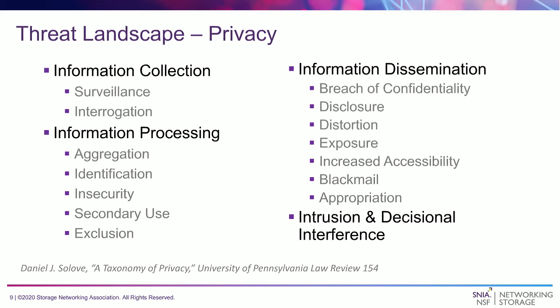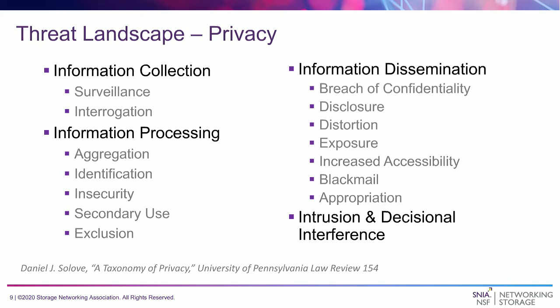Exposure, which results from revelation of information that we normally conceal from others. Maybe you've got a disability or an illness or something you just don't want out in the wild, so to speak. Increased accessibility, again, making some information more readily available than you want.